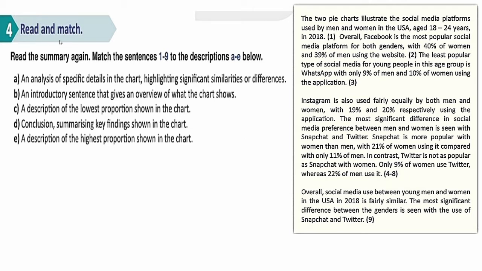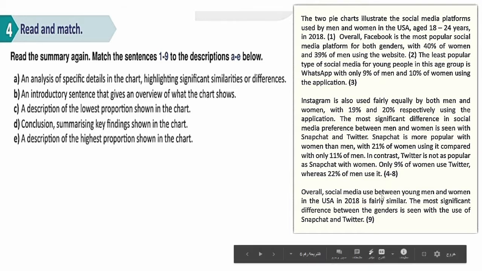Now, we are still with this summary. Read and match. Read the summary again. Match the sentences from 1 to 9 to the descriptions from A to E below. These are sentence number 1, sentence number 2, sentence number 3, from 4 to 8, and the last sentence actually is the final paragraph.